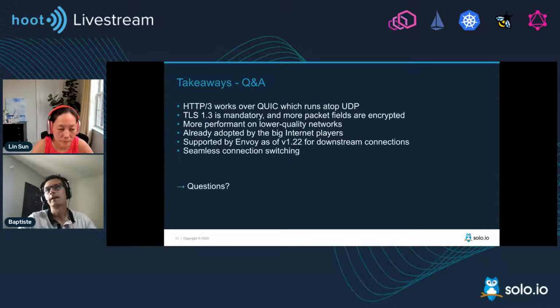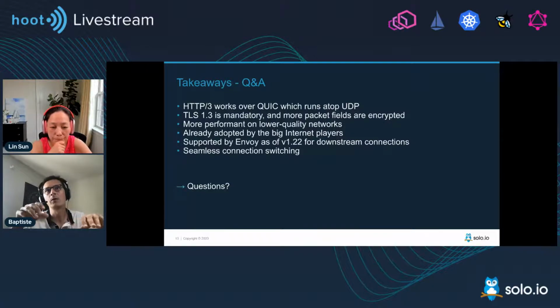What I can add is that HTTP3 is already adopted by all the major internet players. If I remember correctly, Facebook is already using HTTP3 for 80% of its traffic. Wow, that's big.